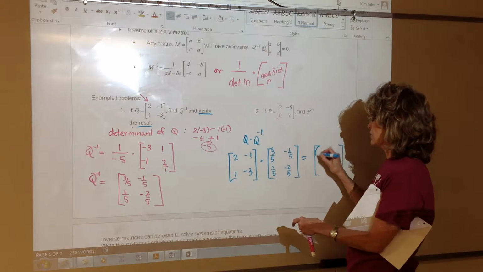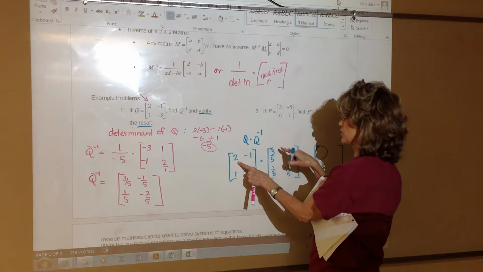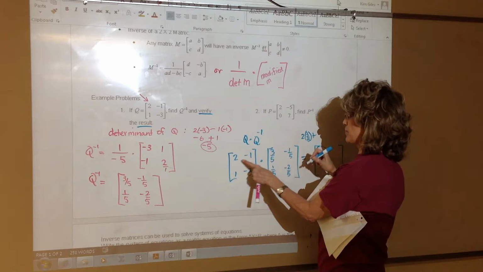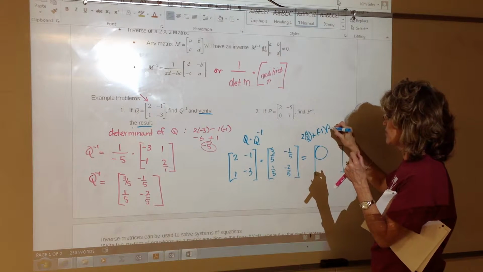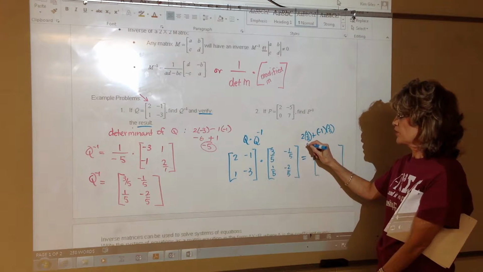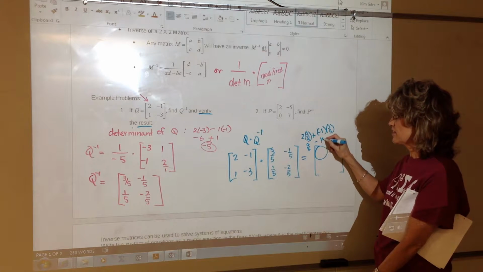So to get this entry right here, remember we've used row 1 in the first, column 1 in the second, so we'll do 2 times 3/5 plus, move across, move down, -1 times 1/5, straight across the top, straight across the bottom. What do we have? 6/5 minus 1/5. What's that?